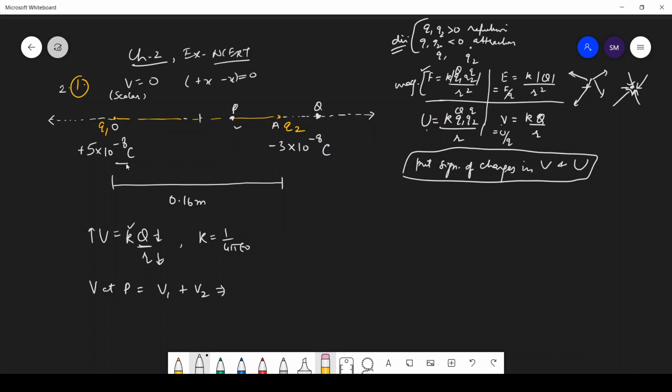How much is this distance? If this distance you are letting be x, this will be 0.16 minus x.